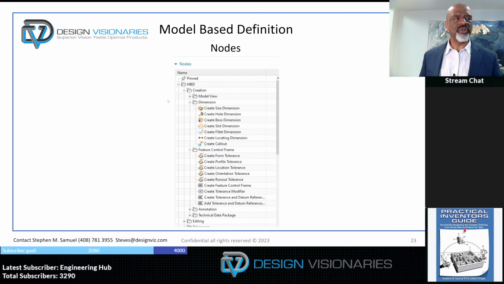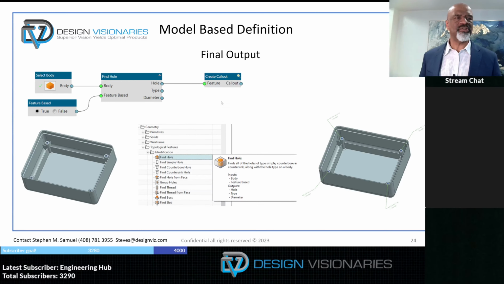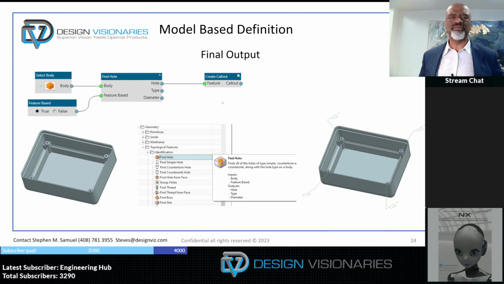And with the logical rules, you pick out nodes, just like the programming that you do with the algorithmic modeling. That's why I showed that to you as well. And what you can do is have your models automatically annotate themselves.